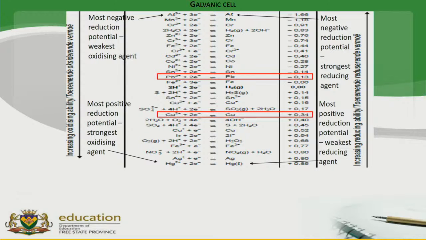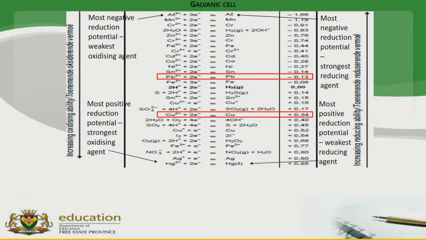Remember, when you're moving down, the reduction potentials become more positive. So the substances on the left hand side that correspond to the more positive reduction potential will be stronger oxidizing agents than the ones at the top, where the reduction potential is less positive.